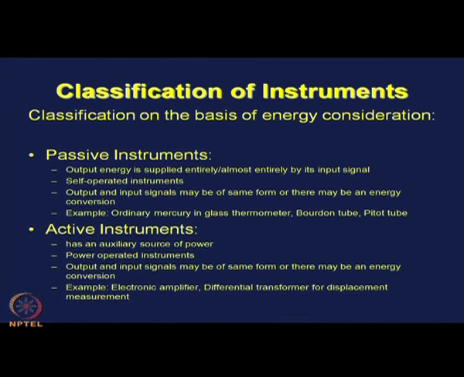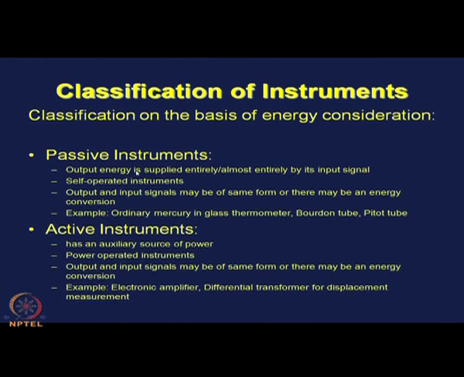So, let us start with the classification on the basis of energy consideration. On the basis of energy consideration, we can classify instruments into two categories: passive instruments and active instruments. Passive instruments are those whose output energy is supplied entirely or almost entirely by its input signal or by the energy of the input signal.